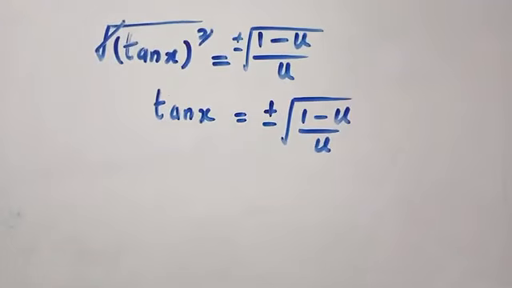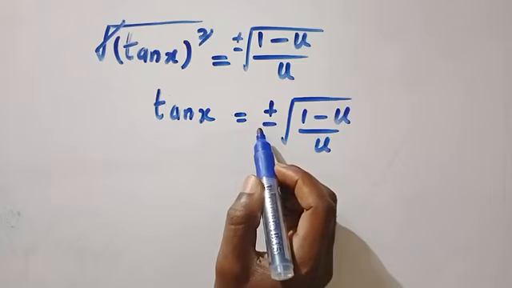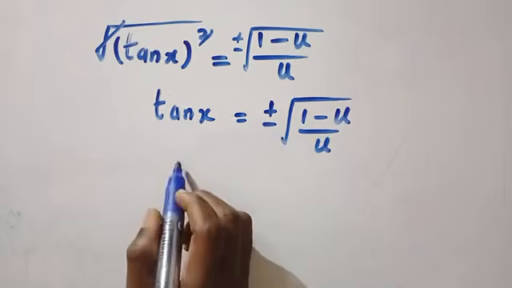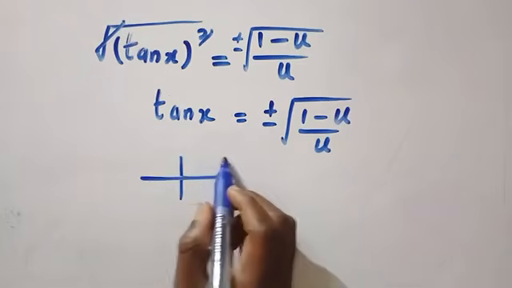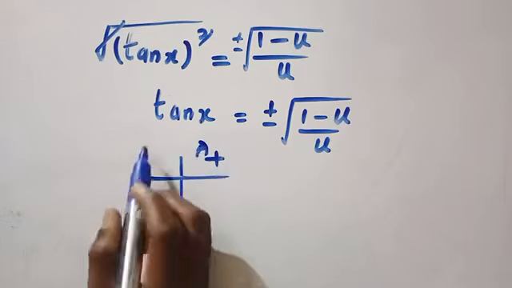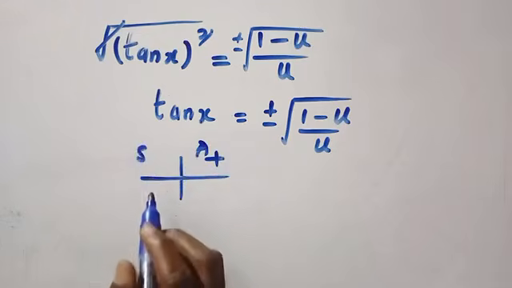It's very simple. The sign here depends on the quadrant that we are dealing with. As we have 4 quadrants, we have the all positive one, and only sine is positive here.